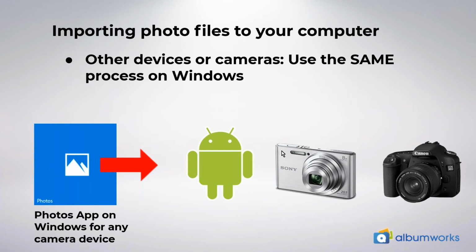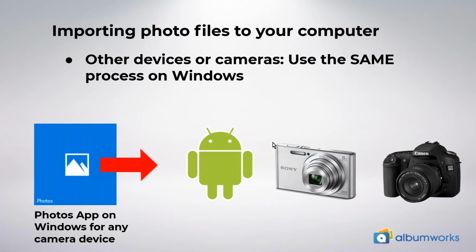Just plug your device into your computer, whether it's a Samsung phone or digital camera, and open the Photos program to import your photos. Also, Windows would generally recognize your device as a separate drive, so you don't have to use the Photos program. You can just go to File Explorer and you'll find your device there to copy your photos to your computer.